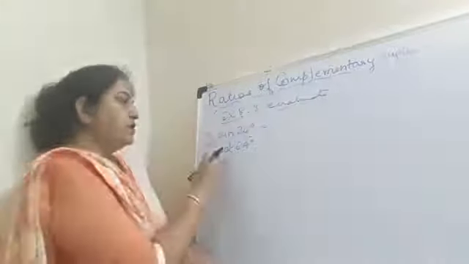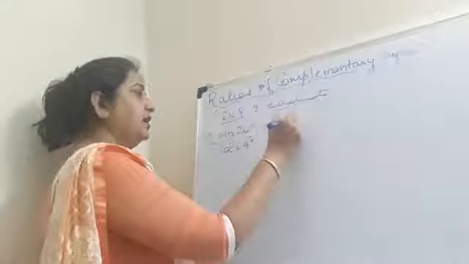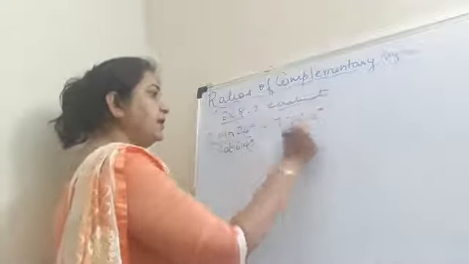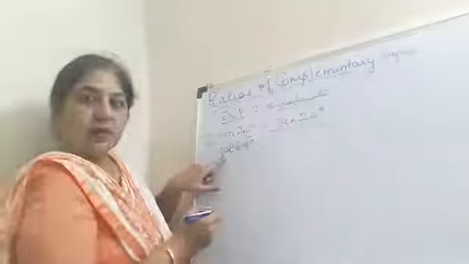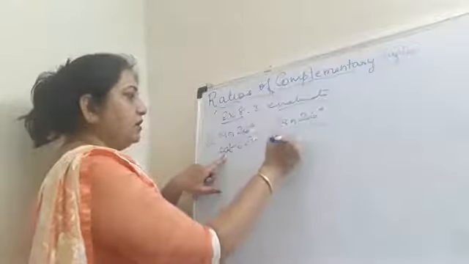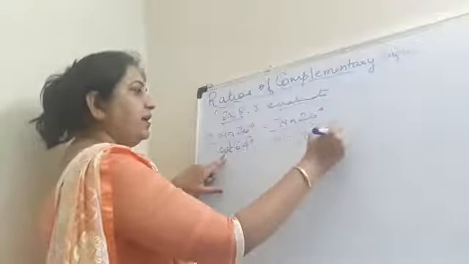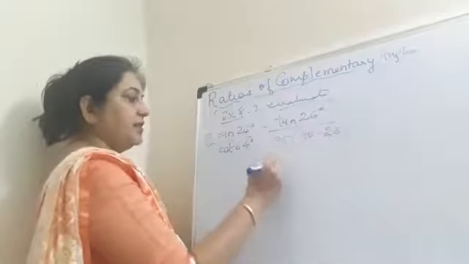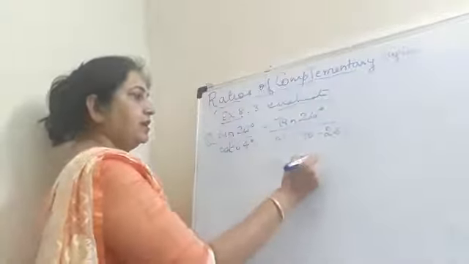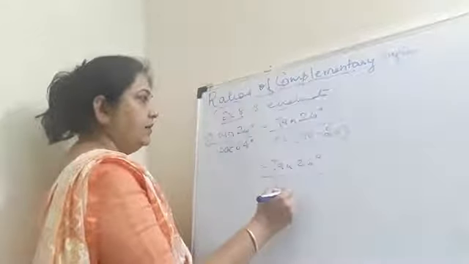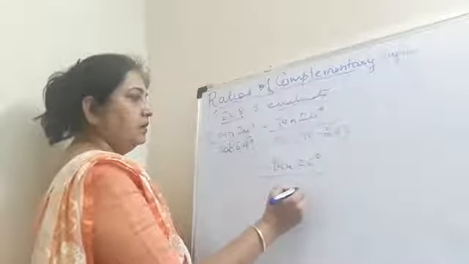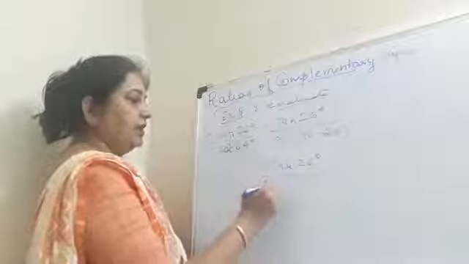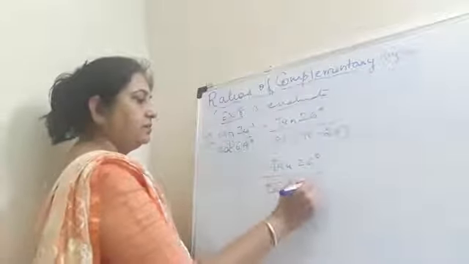If I want to change the denominator, I can write tan of 26 degree, and for cot, I can write cot 90 minus 26. When I say cot 90 minus 26, I will get tan 26.